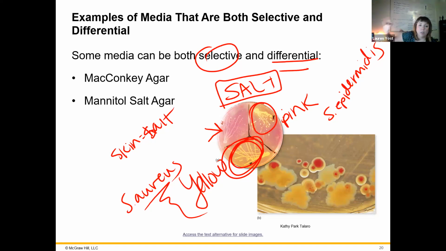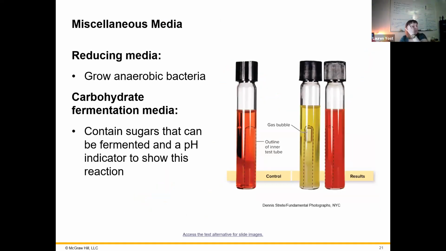Then they have a differential aspect, where the bacterial colonies on the media will turn pink if they are able to use lactose. If they can metabolize lactose, they will turn pink. So that is differential. That part is not selective. So they're both.